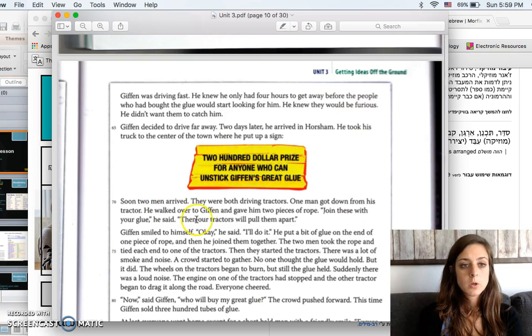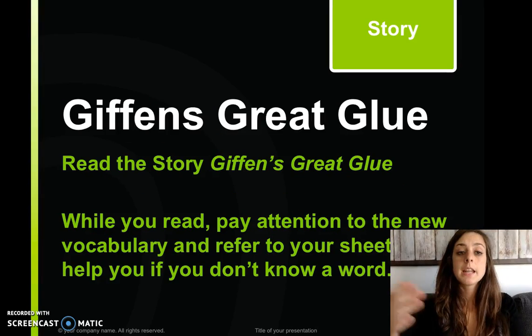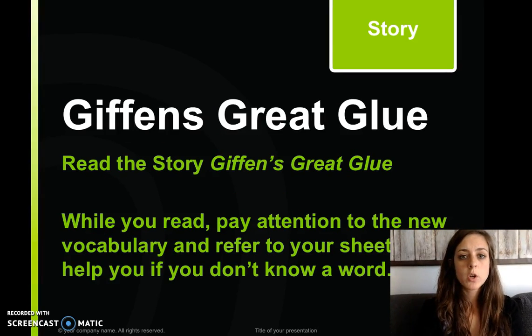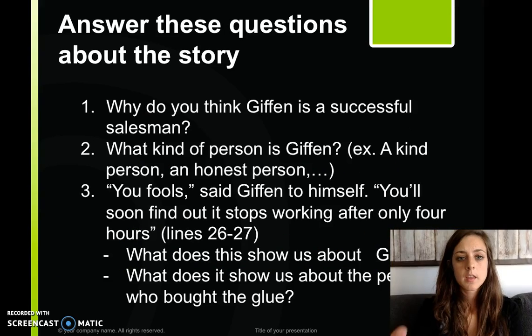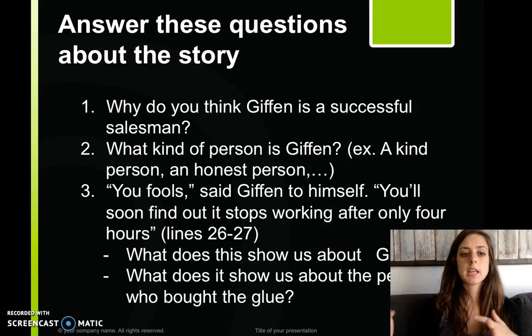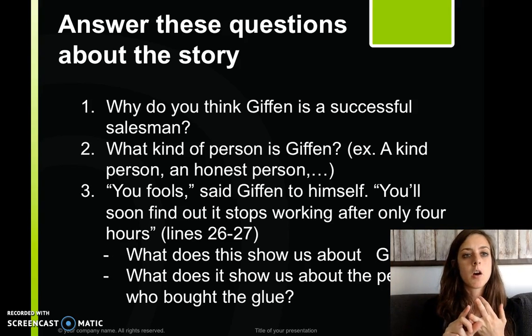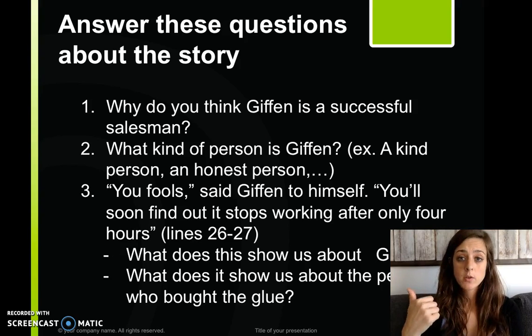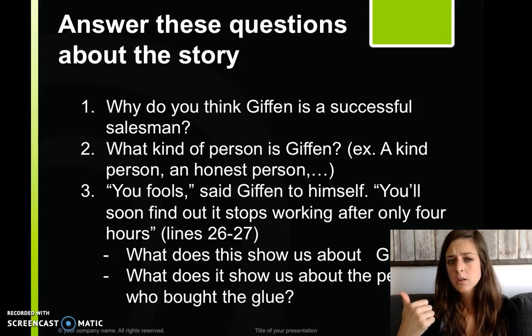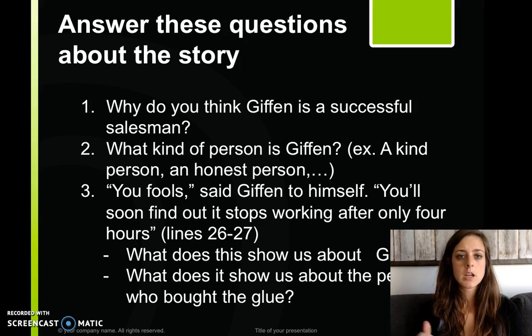So read this story, and then after you've read the story, I want you to answer these questions in the same form as however you answered the questions before in your iPad, Word document, or on a notebook. So answer, why do you think Giffen is a successful salesman? Just write 1 or 2 sentences. What kind of person is Giffen? So is he a kind person? Is he an honest person? And why? Why do you think that?